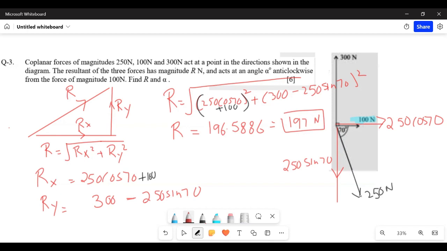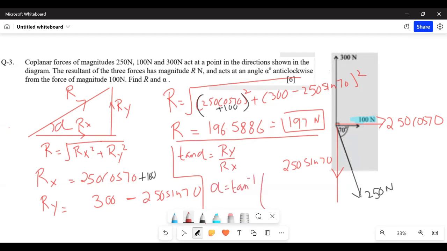Next, we need to find alpha. So for that, this is going to be alpha. So tan alpha equals y component over x component. So alpha is equal to tan inverse.